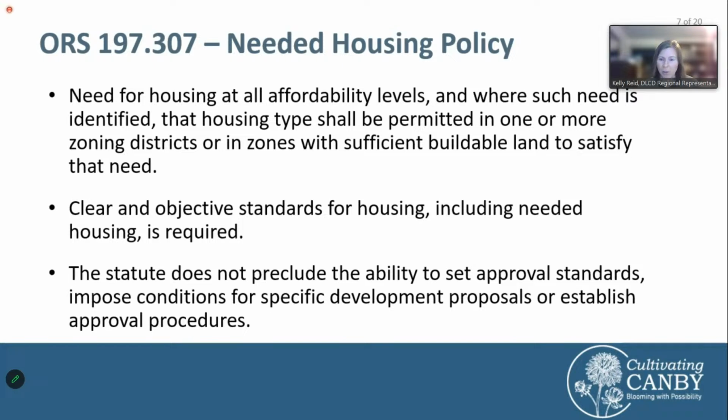So we're all kind of navigating the new statute, and DLCD's role is really, we provide grants to local governments so they can make code updates to make their standards for housing clear and objective and take out that discretionary language.